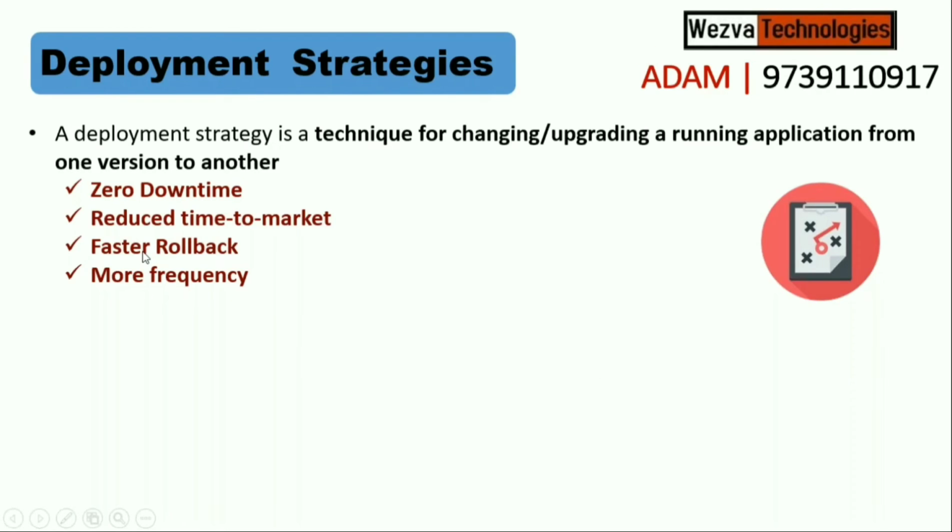Next, faster rollback. What do you mean by rollback? It doesn't mean that every time you change your older application with a new version of the application, everything will work fine. There could be various reasons for which it is not running. Then what should we do? Immediately we will switch back to the older version or the old containers or the image which was working perfectly fine.